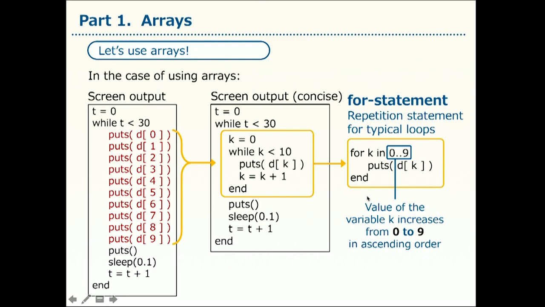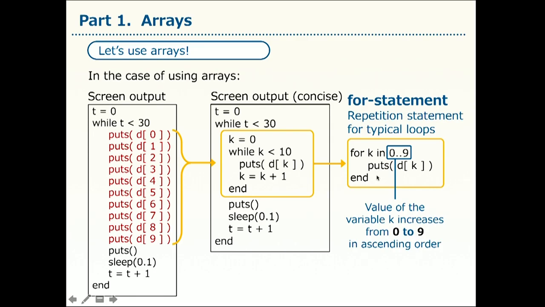Therefore, when executing this part, k is set to 0 first, then the puts command is executed. That displays D0 on the screen, and afterwards k is increased by 1. So the next one is D1 and so on, until it reaches 9. In this way, this is executed 10 times. Then the for statement is over.